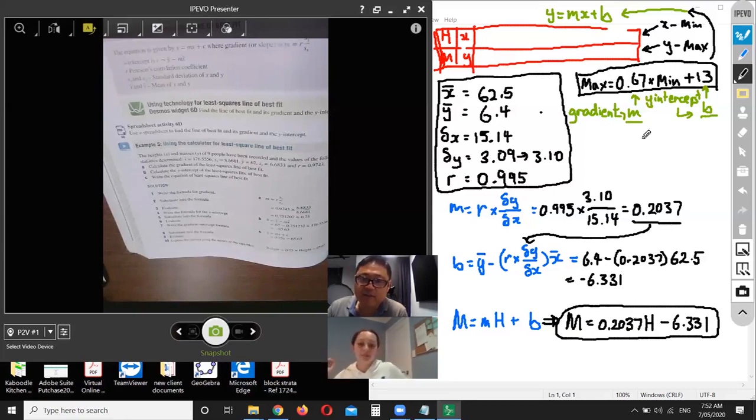So that is the formula that's going to allow you to interpolate or extrapolate any data from the set of data that you've got. So that means you can draw a scatter plot from that as well. Well, not really, because this is a line of best fit.